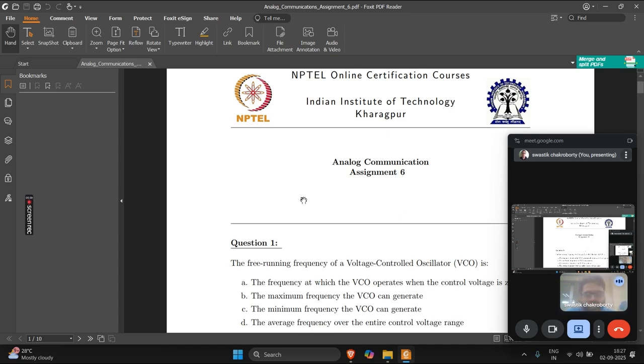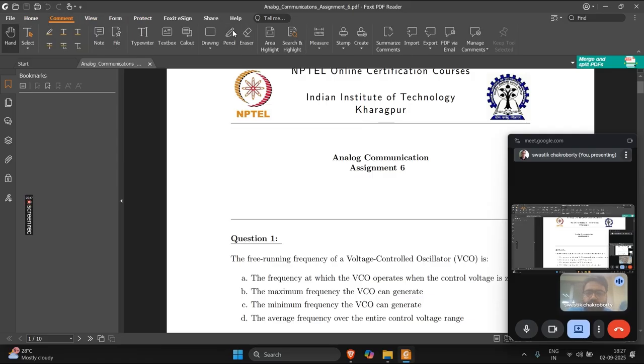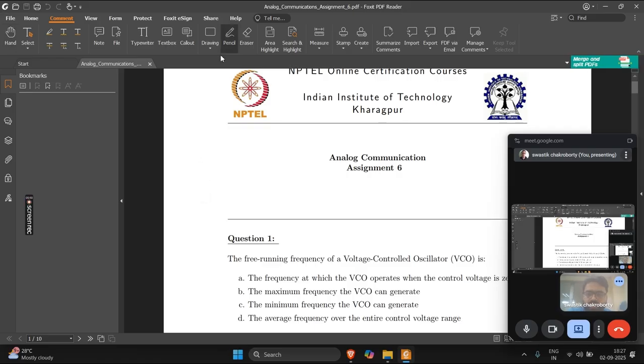In a VCO, like I said, the output frequency is a function of the input voltage. But it is not a zero function, meaning it does not go to zero when the voltage is zero.